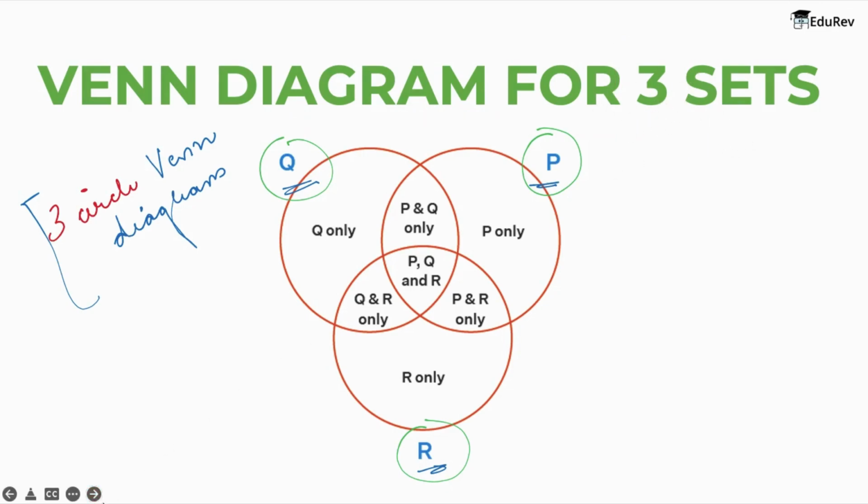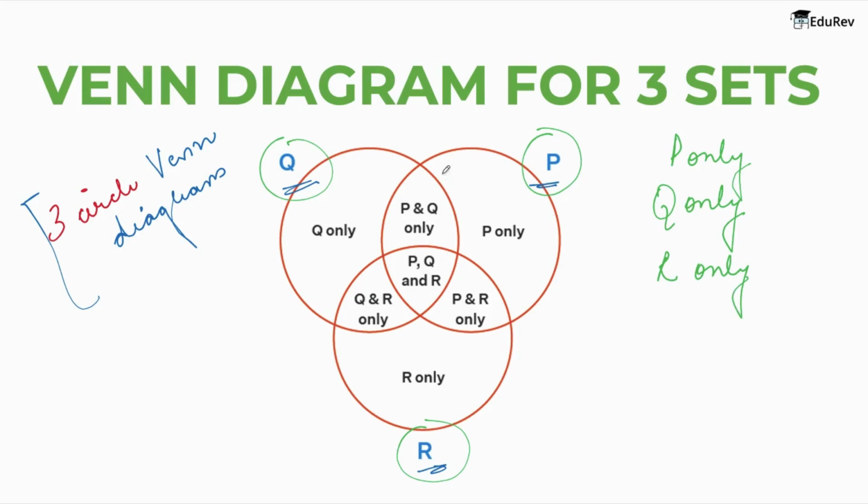Okay. So there will be an area which is only associated with P, so P only. Then there will be an area which is only associated with Q, that is Q only area. And an area which is only associated with R, that is R only area.